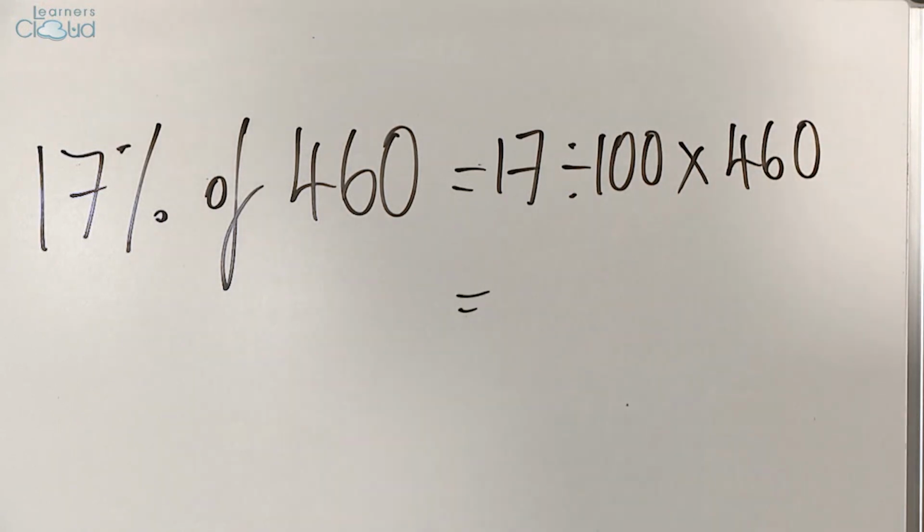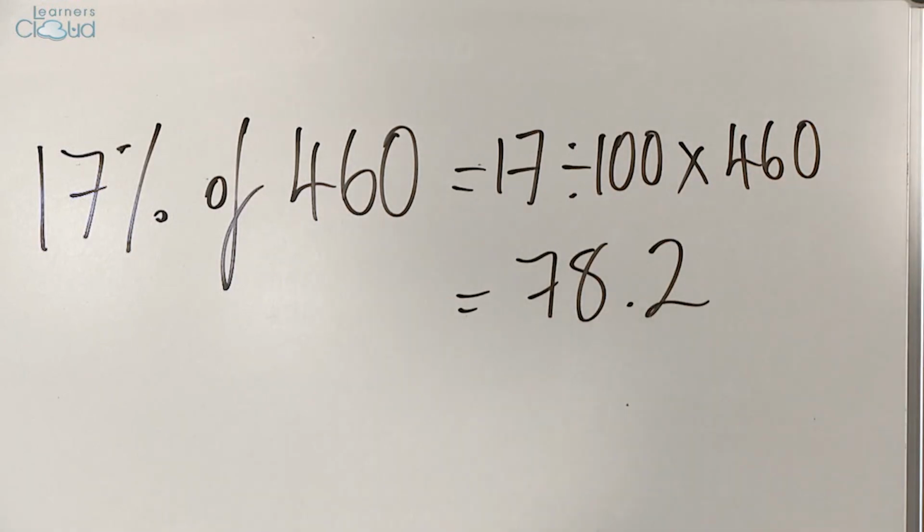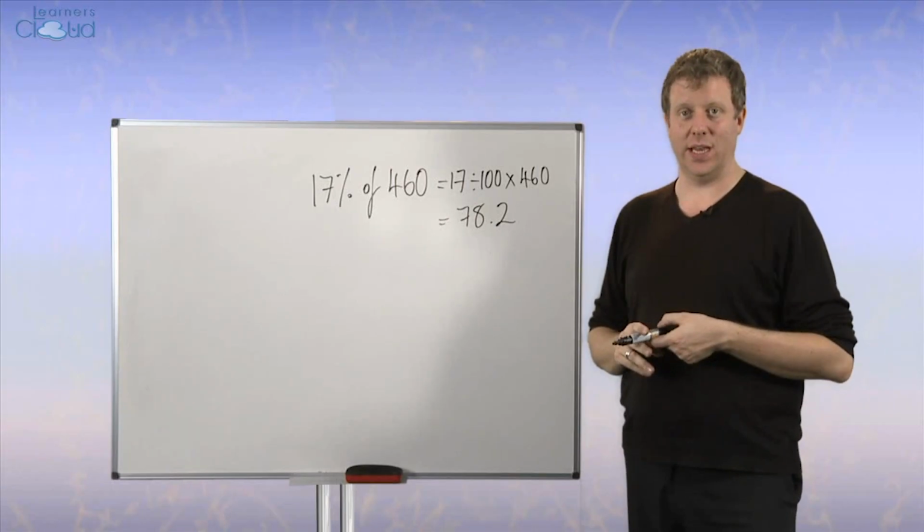Now in this case, if you use your calculators correctly, 17 divided by 100 multiplied by 460 gives an answer of 78.2. And you can check that on your own calculators.